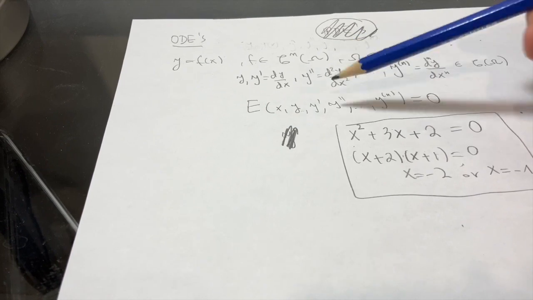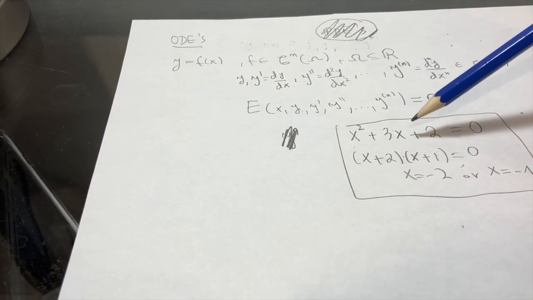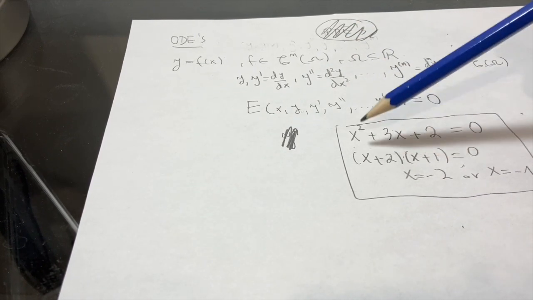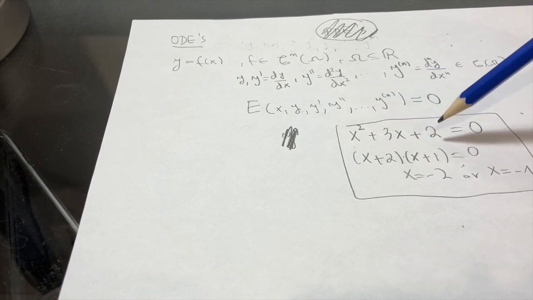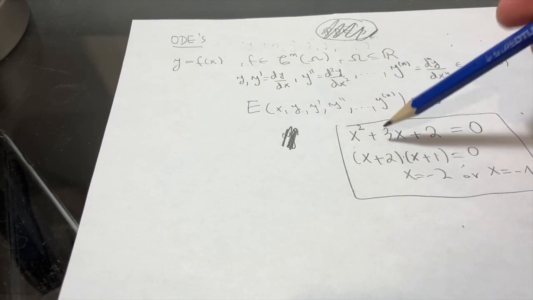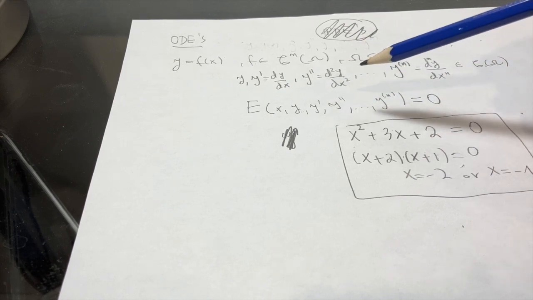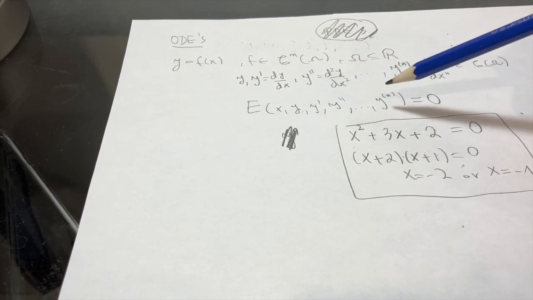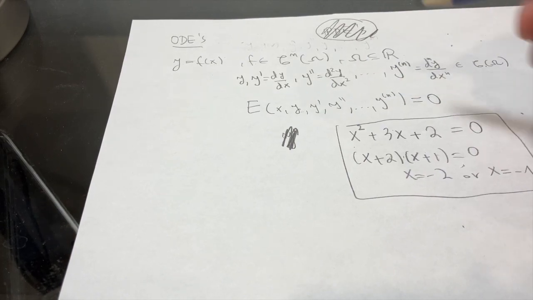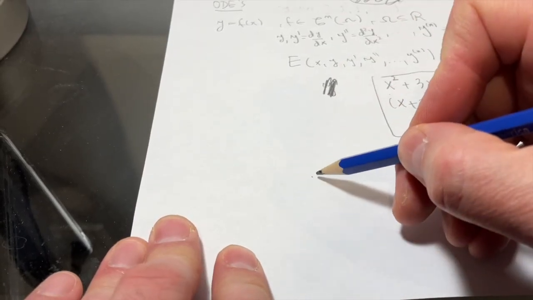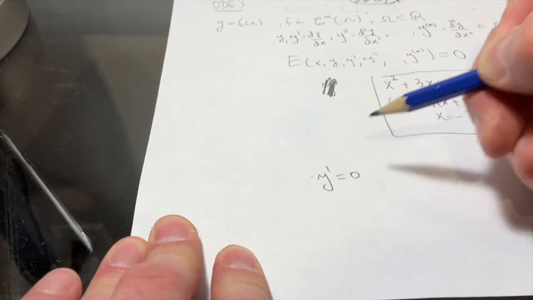Now, what's a differential equation? Well, it's some sort of similar expression, okay? Except that it's going to involve x, the function y, and one or more derivatives of the function. One of the simpler cases would be y prime equal to 0, okay?